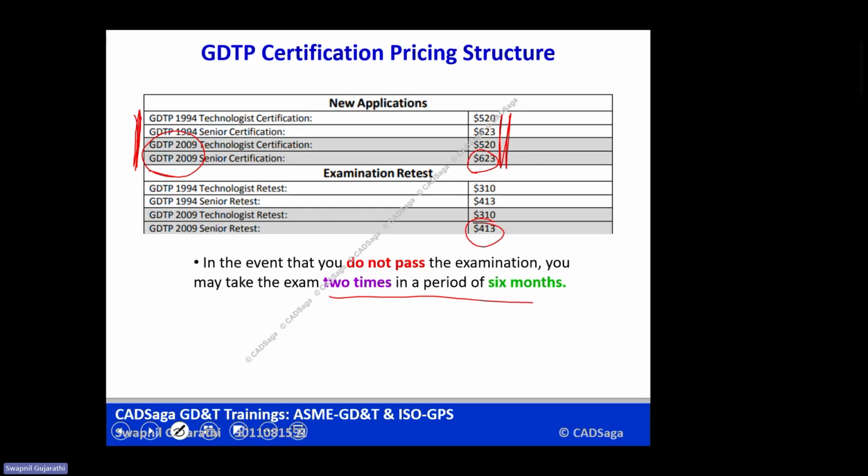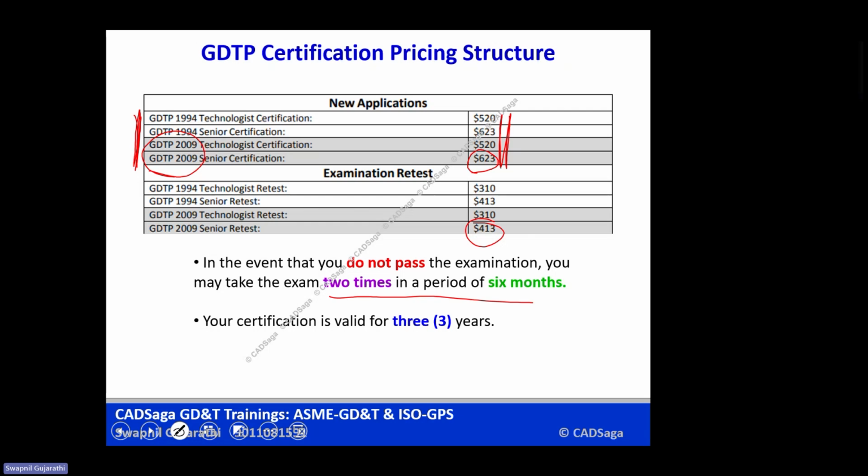Again, in that cost also, you will have only one attempt. So $623 for one attempt, 413 retest fees, one attempt again. So you should be very careful because this is a huge amount, guys. And consider I have passed. That certification is valid for 3 years. The date is marked there, from this date to this date.